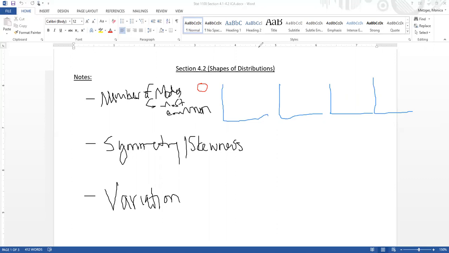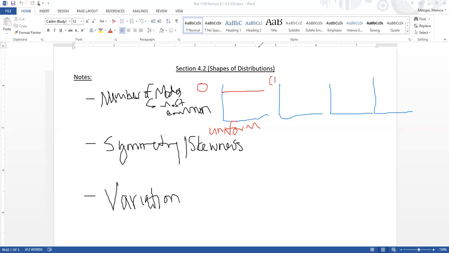So there is no value that occurs more than any other value. In that case, the shape of the distribution is just going to be a straight line, right? They all have the same number of frequencies. So this would be considered a uniform distribution.